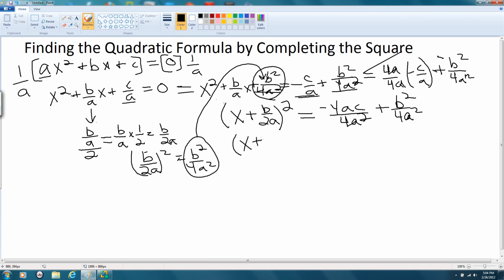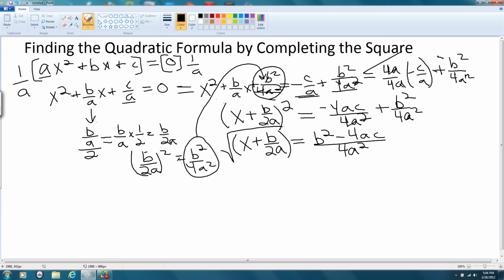This becomes x plus b over 2a, squared, and this all becomes, I'm going to put the b squared term first, b squared minus 4ac, and then the common denominator is 4a squared.